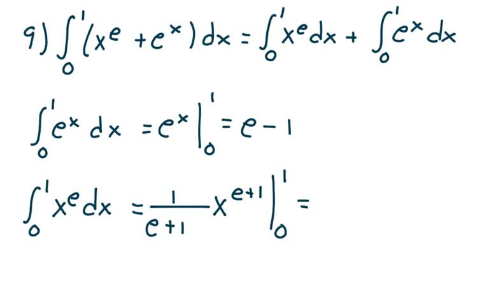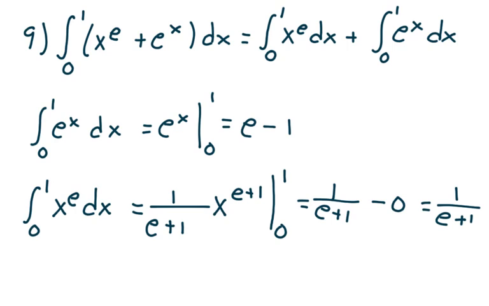Now, replace x with 1. 1 to the e plus 1 is 1. And then 1 over e plus 1 times 1 is 1 over e plus 1. And then I subtract 0, right? 0 to the e plus 1 is 0. So you get 1 over e plus 1.